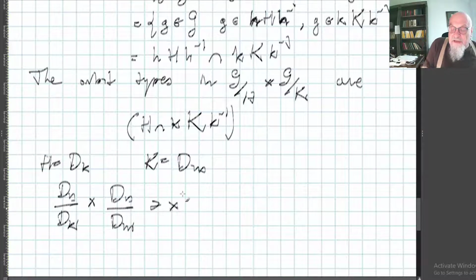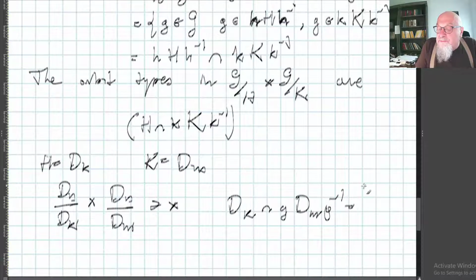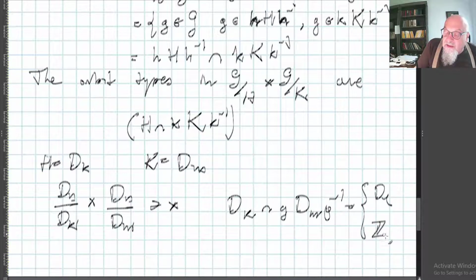So clearly, in this case, there are two possibilities for the orbit types. If you take D_k and intersect with D_m conjugated by g minus 1, there are two possibilities. Either you get D_l or you get Z_l. Very easy to verify. So Z_l, two possibilities.